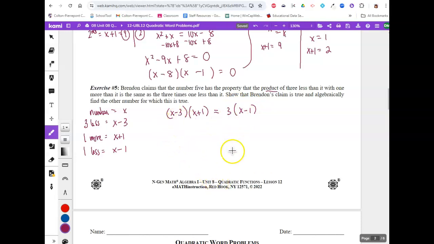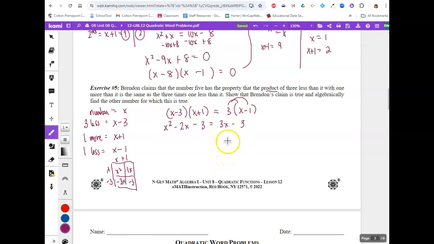All right, so now we need to multiply all this out. I'm going to use a quick little box down here to multiply x minus 3 times x plus 1. That gives me x squared plus x minus 3x minus 3. So when I add my terms, I get x squared minus 2x minus 3. And then I'm going to distribute 3 to get 3x minus 3.